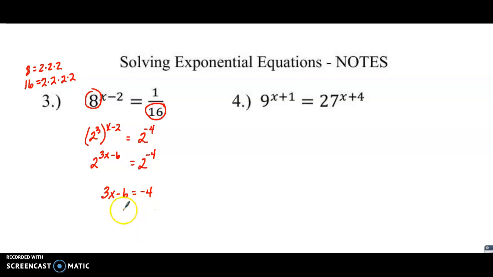Solve: add 6 to both sides, and I get 3x equals 2. Then when I divide by 3, I get x equals 2/3. Just know that as soon as you see a fraction, you're going to have a negative exponent to deal with.